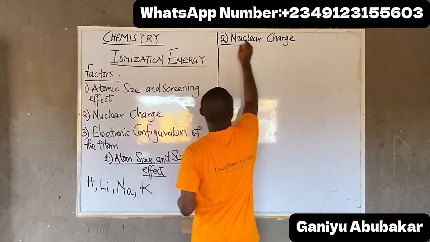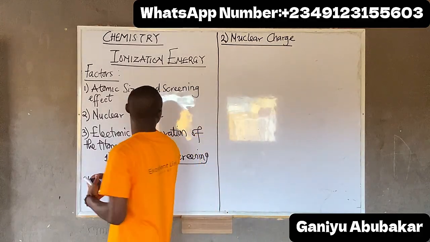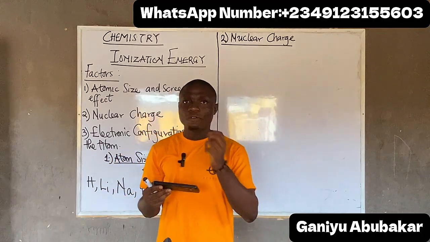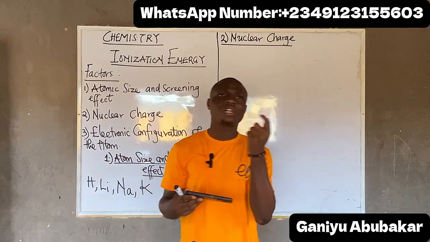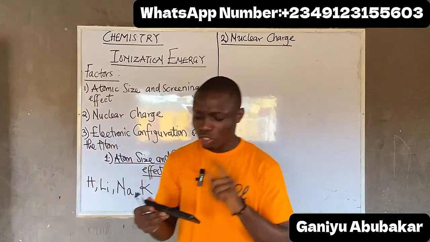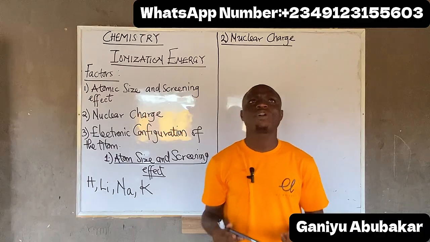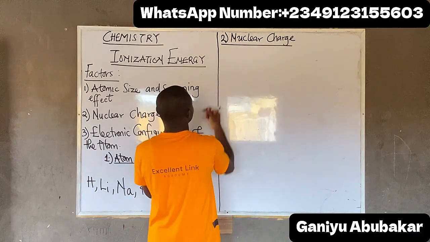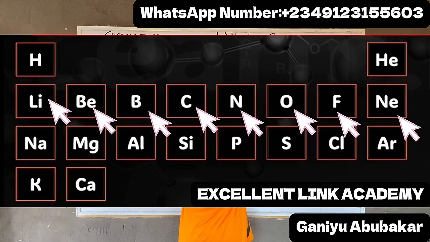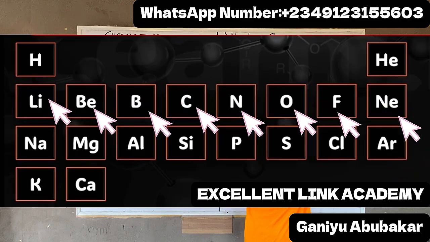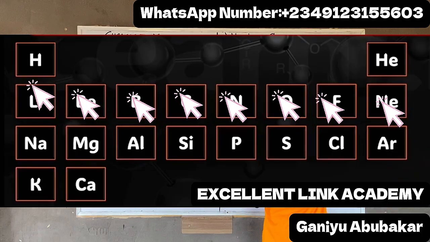Okay, so let's look at nuclear charge. What's a nuclear charge? For nuclear charge, the example we should look at to explain this better is the arrangement of your second period in the periodic table: lithium, beryllium, boron, carbon, nitrogen, oxygen, fluorine, and of course, neon.